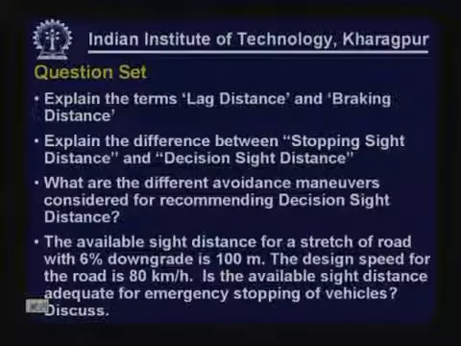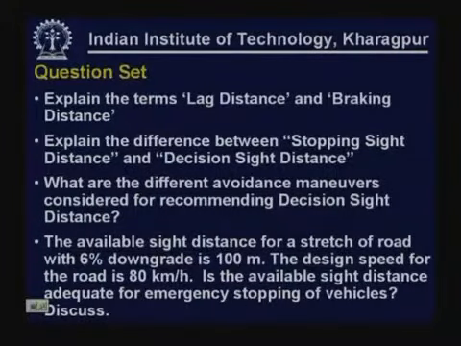Now, I have a few questions for you. Number 1, explain the terms lag distance and braking distance. Number 2, explain the difference between stopping sight distance and decision sight distance.